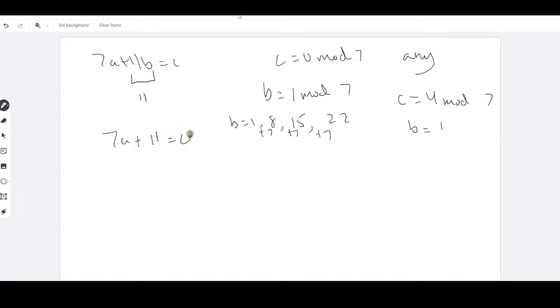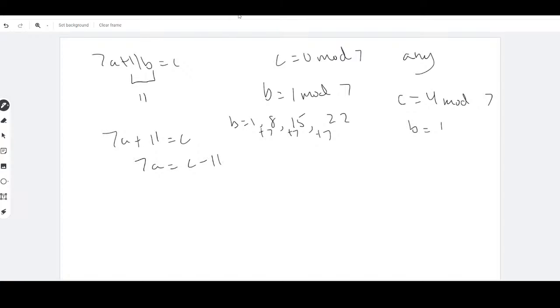And then we can move the 11 to the other side. We can say 7a is equal to c minus 11. So if c is 4 mod 7, then c minus 11 would always be a multiple of 7, and that means we can always get a solution for it from 7a.